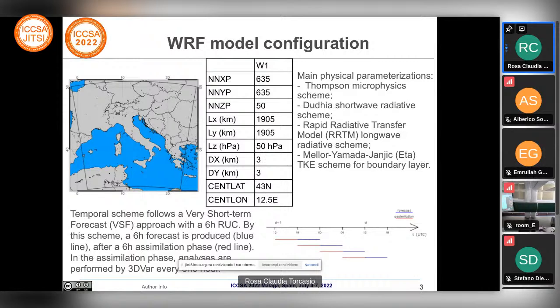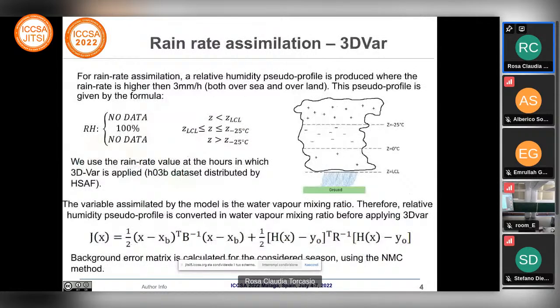In the assimilation phase, we produce an analysis every 1 hour for the first 6 hours using 3D-Var. We need to generate a relative humidity pseudo-profile, and we saturate this profile between 2 layers, the lifting condensation level and the minus 25 degrees level.